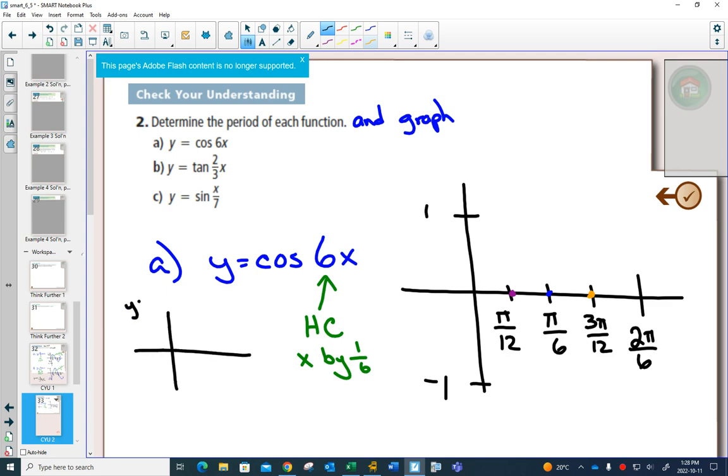A cosgraph, y equals cos x, always starts at a maximum. So a cosgraph starts at a maximum. That means on my graph here, I'm going to start here. And once you have 1 point for sine and cos graphs, maximum, then center line, then minimum, then center line, then maximum.